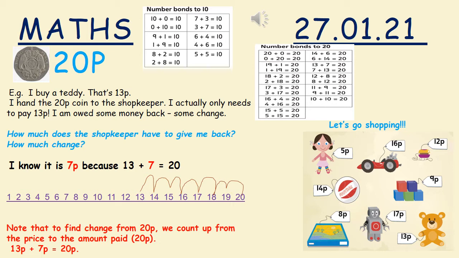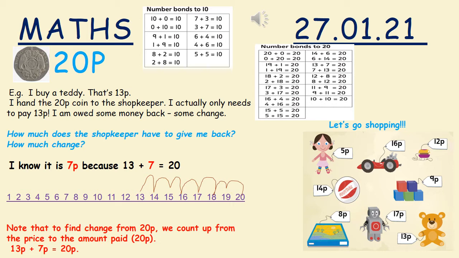I'm buying a teddy. My teddy is just 13p. So if I buy a teddy for 13p, I hand 20p to the shopkeeper. I actually only need to pay 13p, so I am owed some money back, some change.